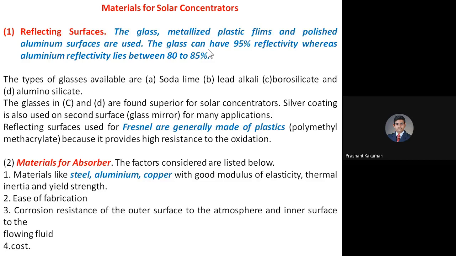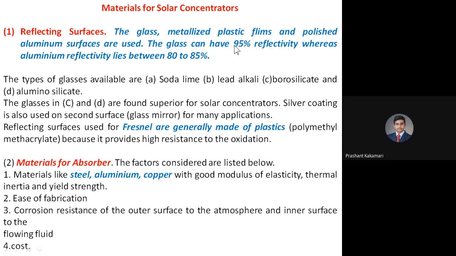You might have seen some metal surfaces with polished or clean surfaces. You can see some little reflections. So if you use an aluminum surface, the reflection quantity is very less compared to glass, because you cannot match the mirror effect of glass, with reflection up to 95%, very good.